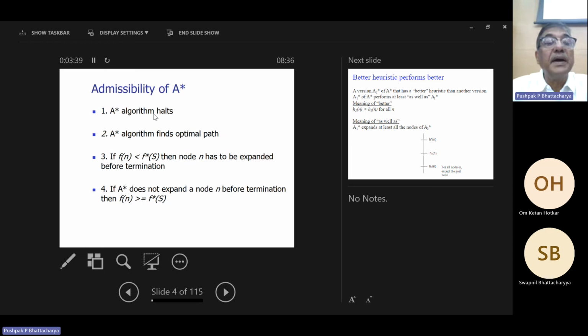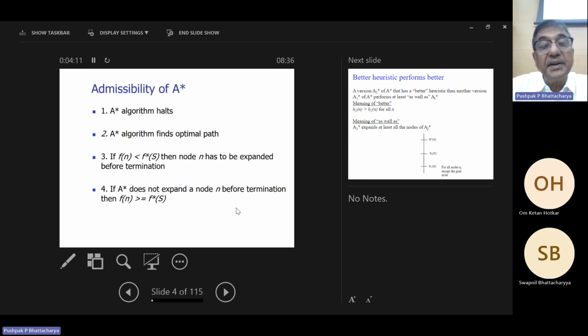We have proved that the A-star algorithm halts using this property, and the fact that H is less than or equal to H star always. A star also finds the optimal path. And if any node N has F value strictly less than F star S, then before termination, that node will be expanded by A star, which is why less informed heuristics give rise to lots of useless expansions.